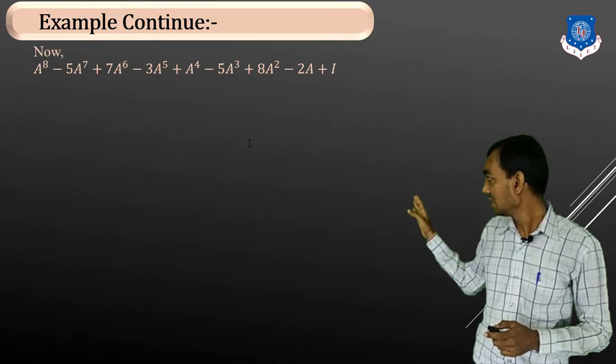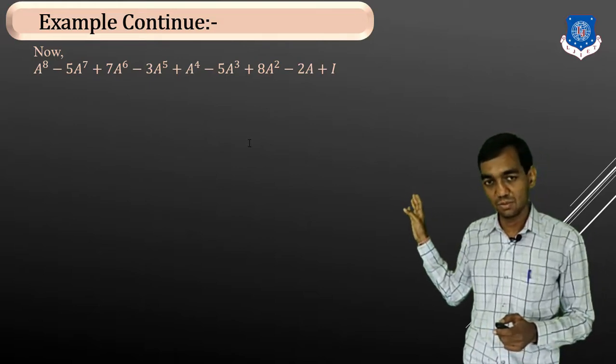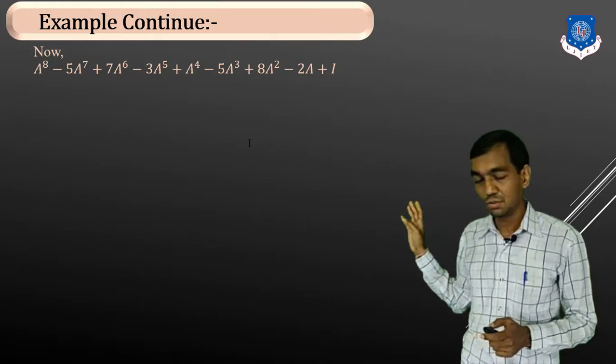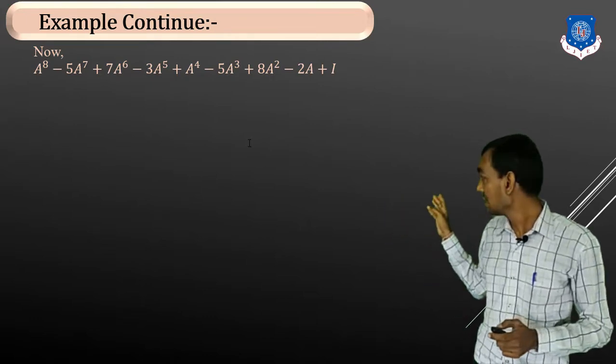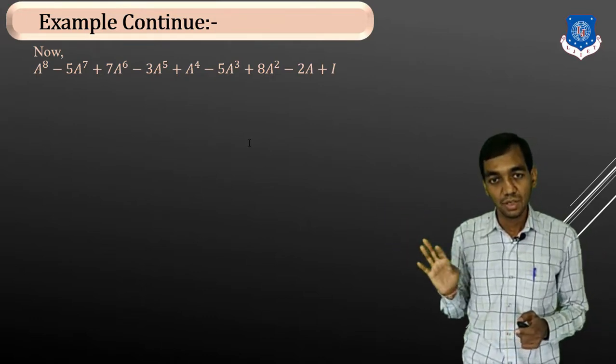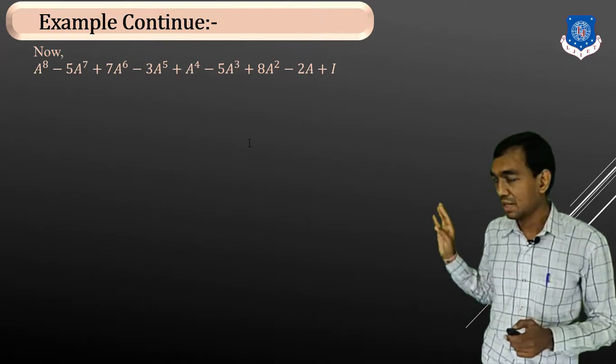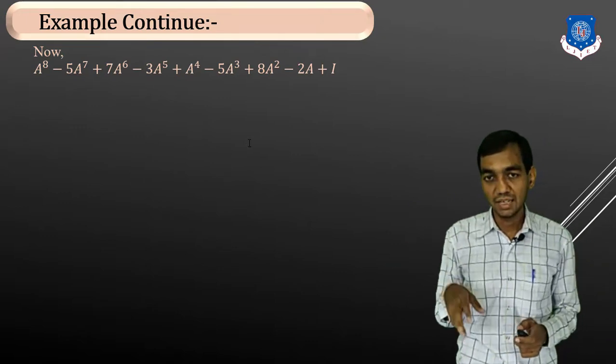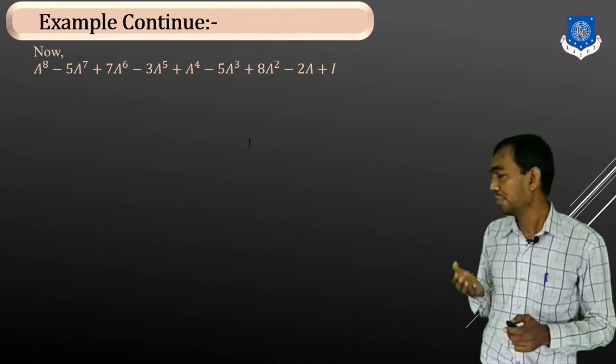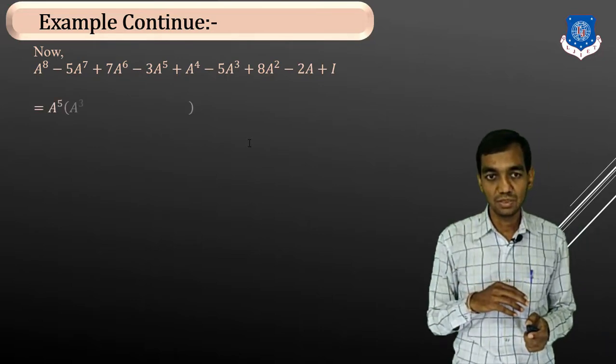So we are starting with A raised to 8 minus 5A raised to 7 plus 7A raised to 6 minus 3A raised to 5 plus A raised to 4 minus 5A cube plus 8A square minus 2A plus I.